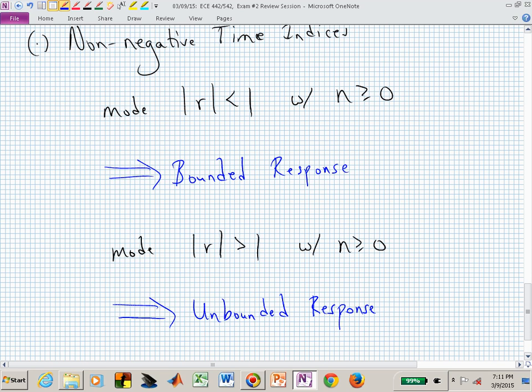It has to be outside all of your poles, and you have at least one pole with a modulus outside the unit circle. Your region of convergence is unbounded, but it doesn't contain the unit circle, because the modulus of at least one of the modes is outside the unit circle. And that gives you this unbounded response. Questions on that? Yes?